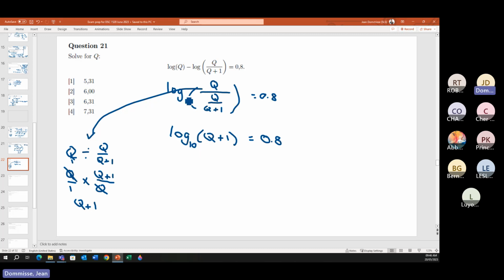So if there's nothing, it actually means log 10. And that is how your calculator is also programmed.